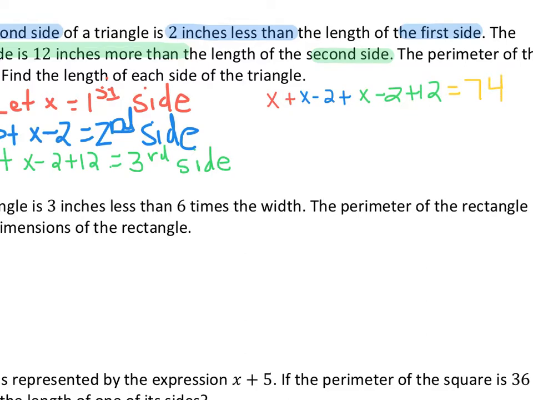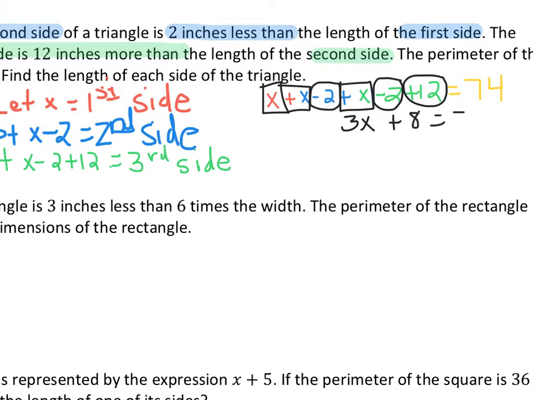So let's go ahead and solve this problem. I'm going to start by combining like terms. We have x, x, and another x, which equals 3x. And we have negative 2, and positive 12, which altogether equals a positive 8.